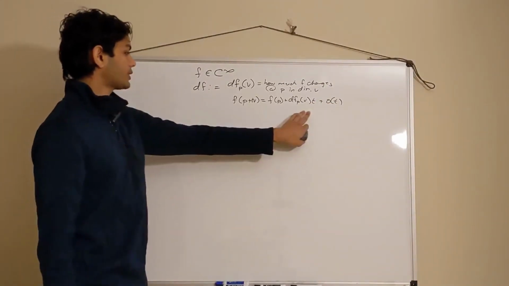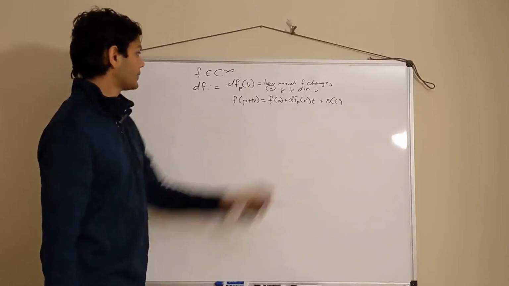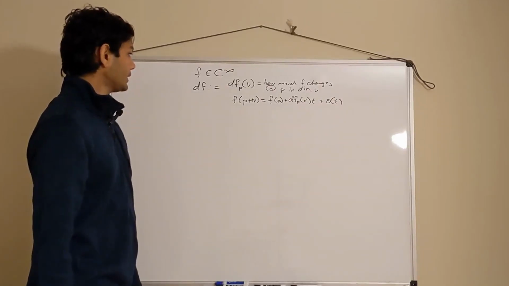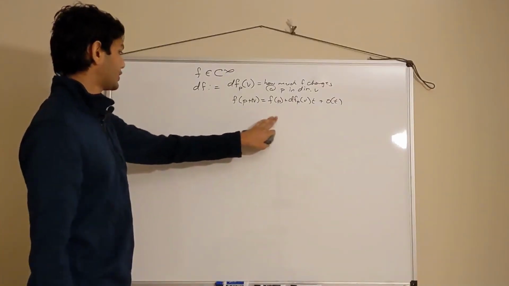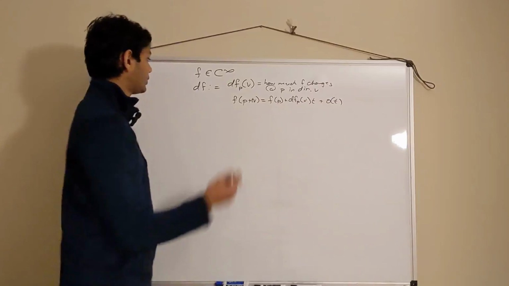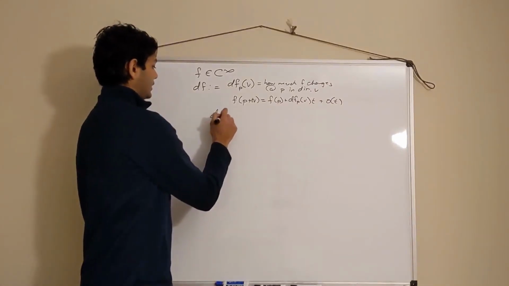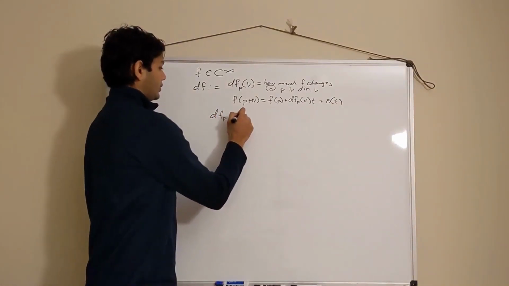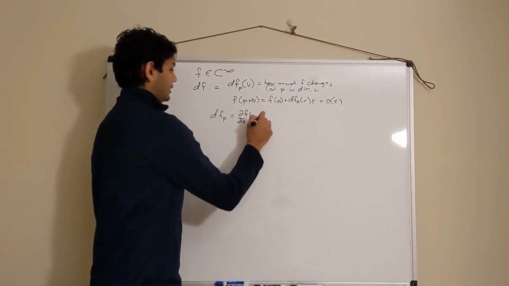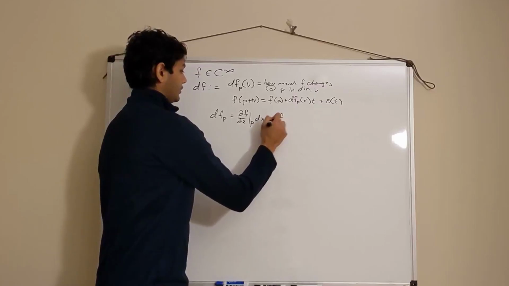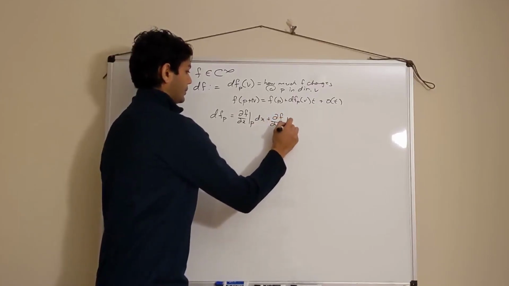It just says that to first order approximation, this is what your function looks like. This is basically saying what is the derivative of our function at p. And so what this means is that df at p is equal to partial f partial x evaluated at p dx plus partial f partial y evaluated at p dy.